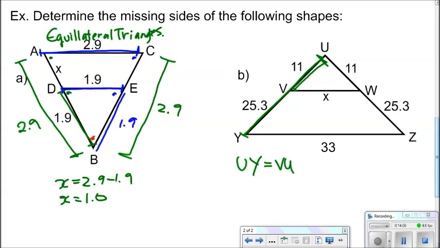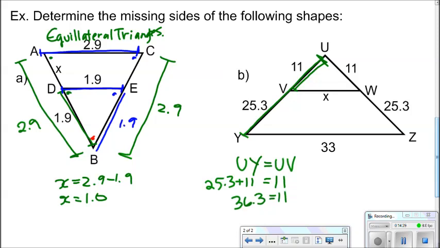So 11 and 25.3 plus 11. Okay, so we get corresponding side lengths of 11 and 36.3.